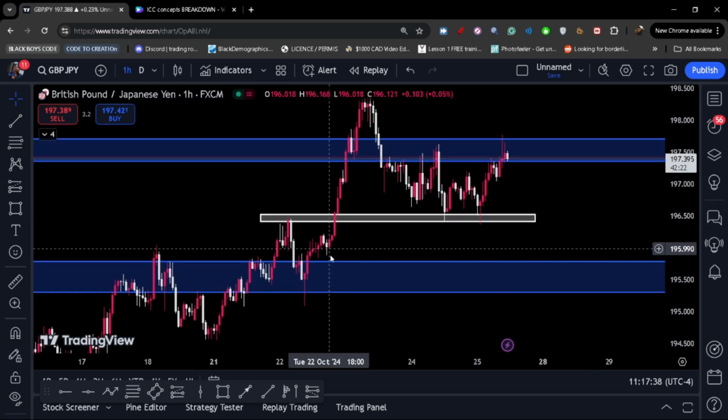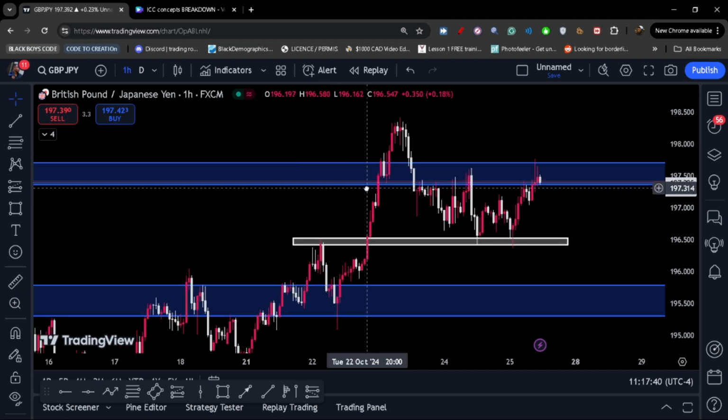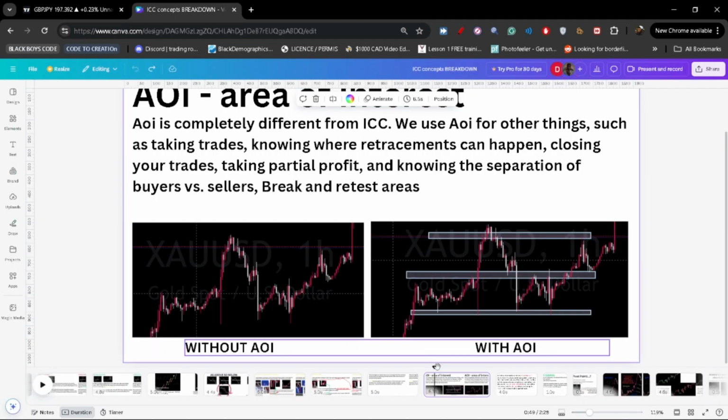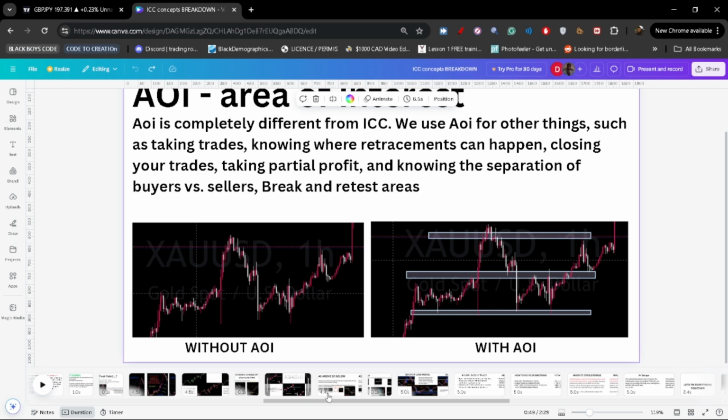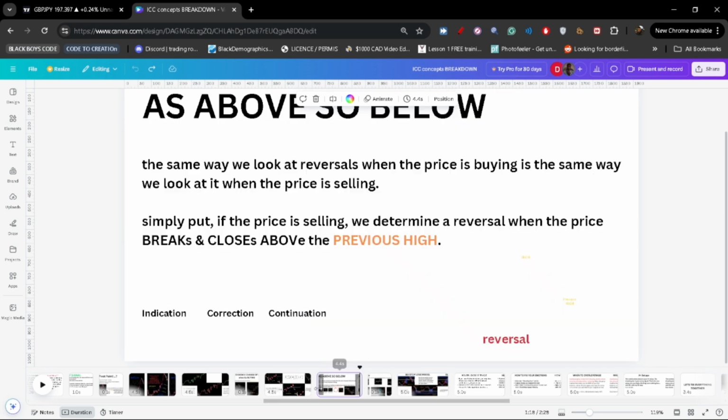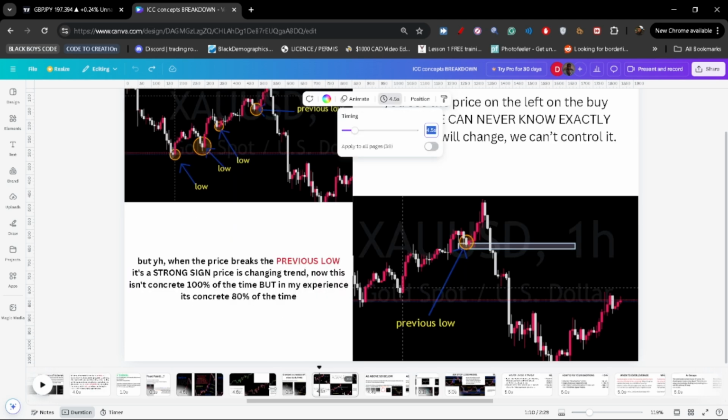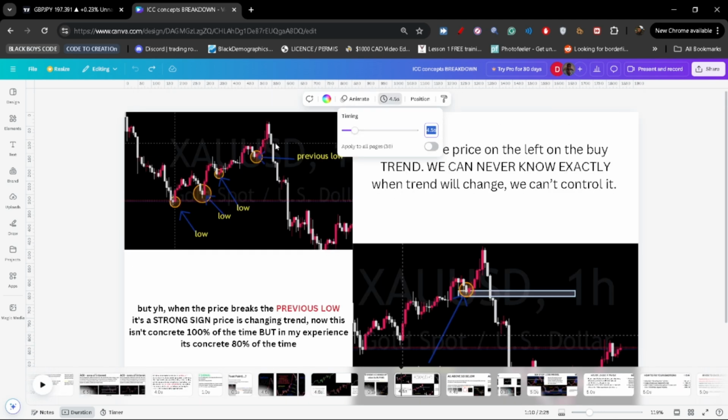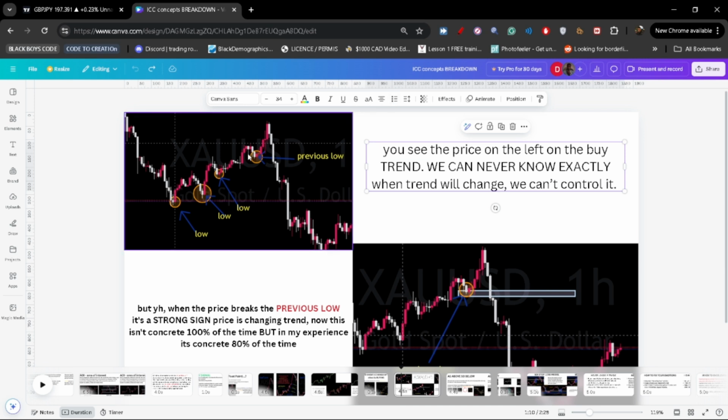Then understand where the pivot point is. When it comes to the pivot point, if you go to this specific page here in my ebook, it tells you how to change the trend, or when the trend changes.